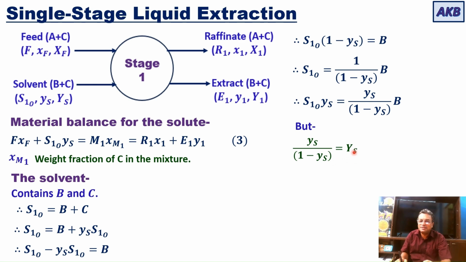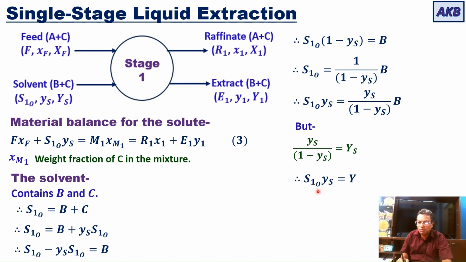What is capital Ys? This is the weight fraction of C on a C-free basis in the solvent phase. So this term can be replaced with capital Ys, and that is what I will do in the next step.